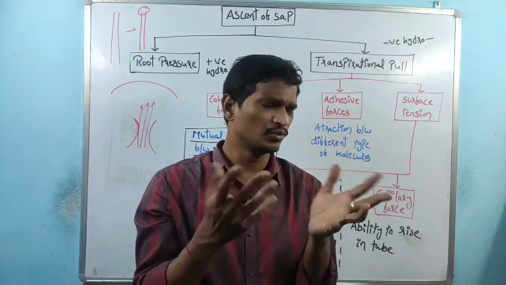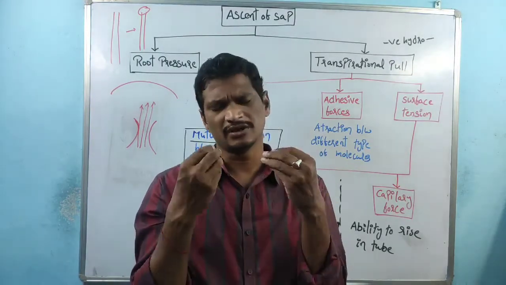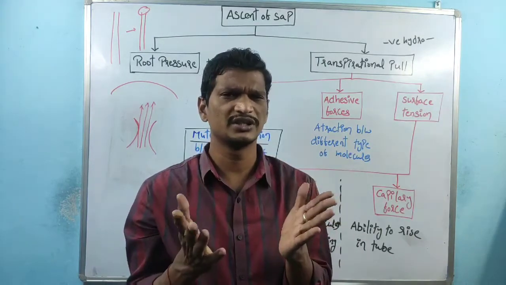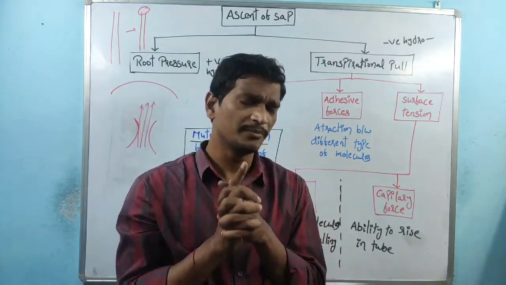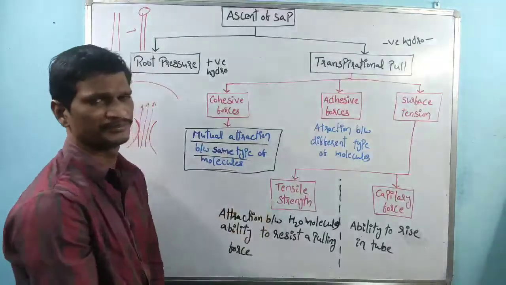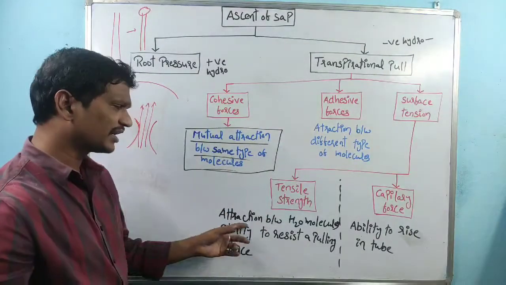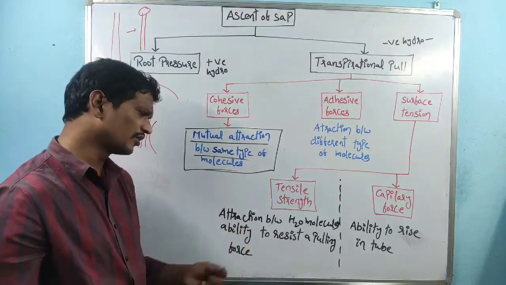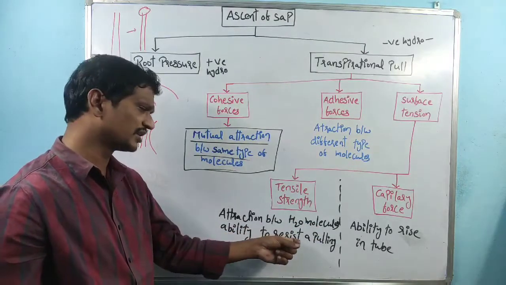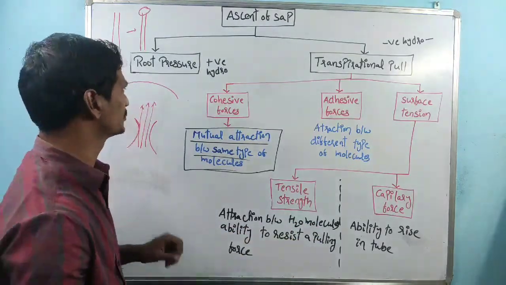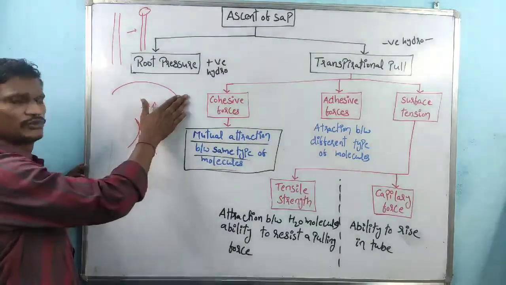But normally in most plants, we do not see breakage of the xylem vessels because of the tensile strength. So tensile strength is the attraction between water molecules, the ability to resist the pulling force. This is the pulling force.